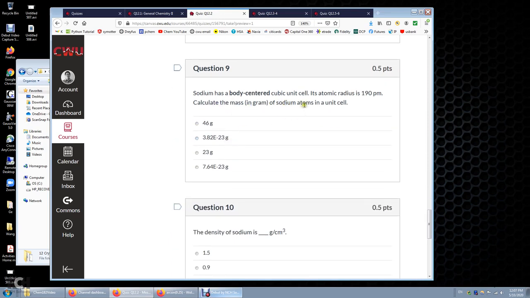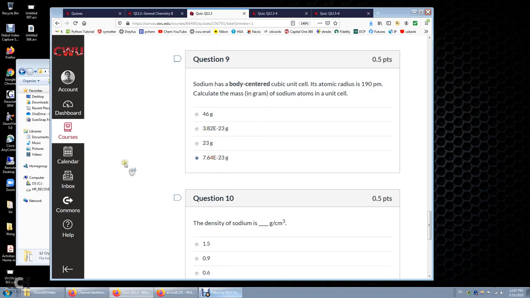Calculate the mass of sodium. It's just the atomic mass of sodium, that's 23 AMU, but you have 2 sodium atoms, so 46 AMU. And 46 AMU is 46 grams per mole. So you need 46 divided by the Avogadro constant. It's this.